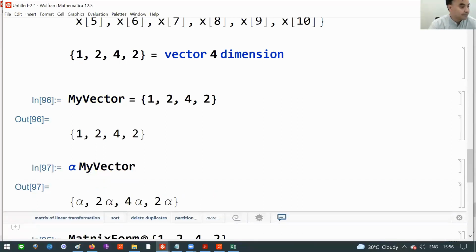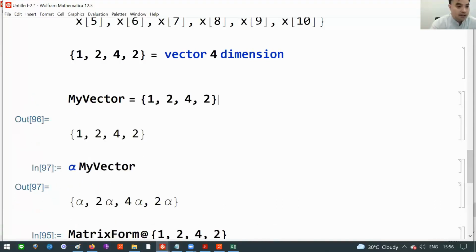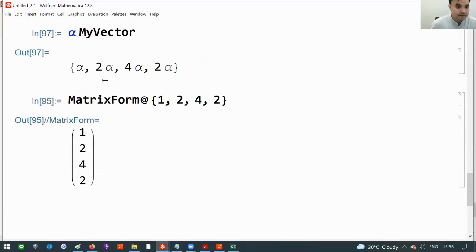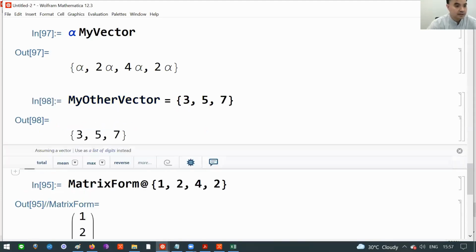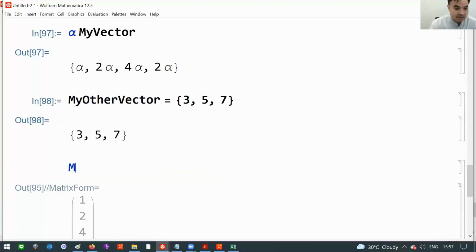Right? So let's say my other vector is equal to 3, 5, 7. Now let's see what happens when I try to do this: my vector plus my other vector.